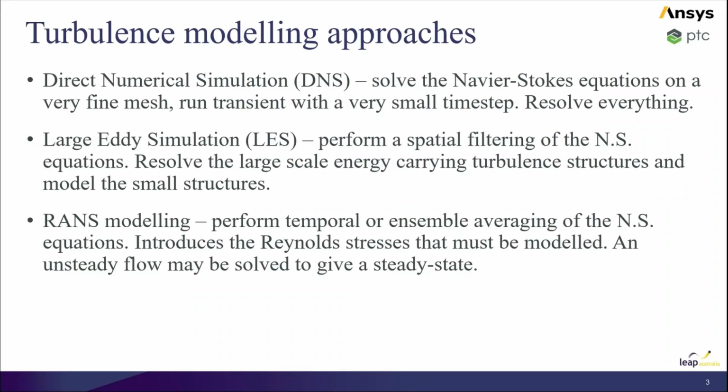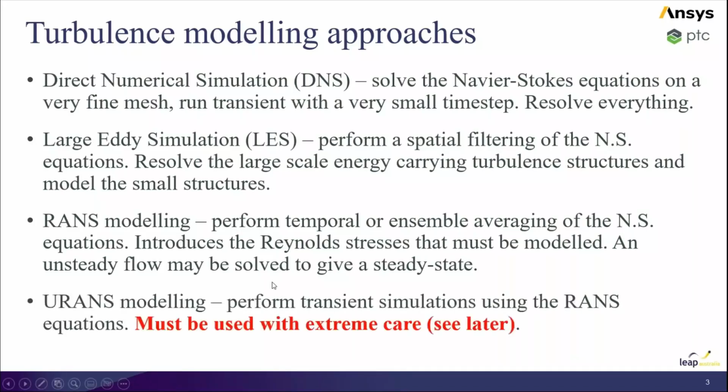But for RANS, we can, and we can get a meaningful solution from that. If we've got something else like, say, a backward-facing step where we know the flow is going to end up transient, we can just keep the transient term in the RANS equations and use something called URANS. We can do it, but we must do this stuff with extreme care and understand what we actually can resolve and what we can't resolve by doing that.